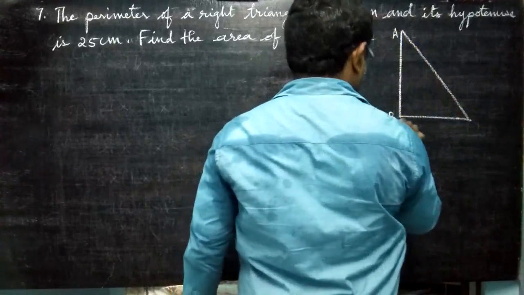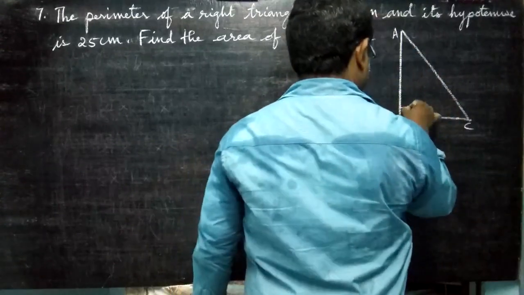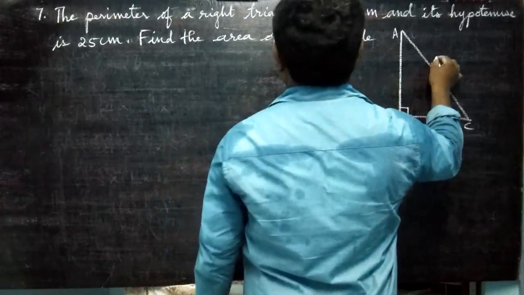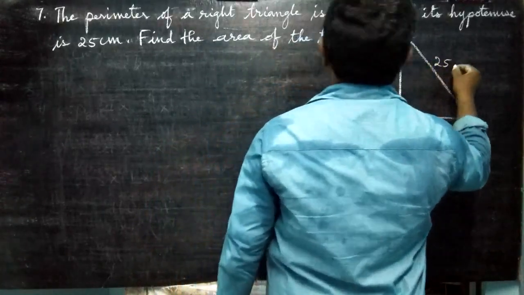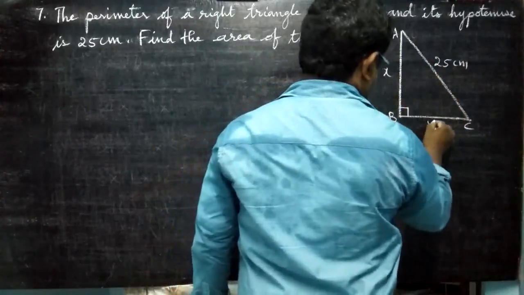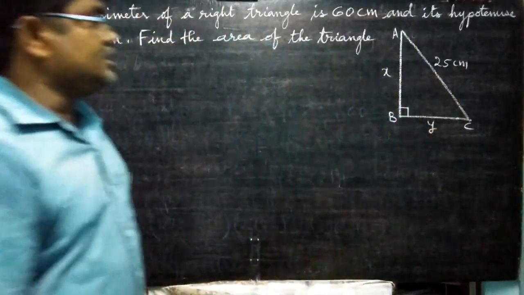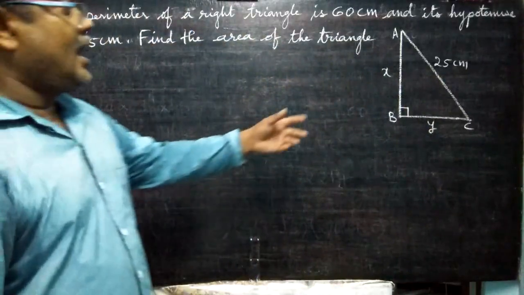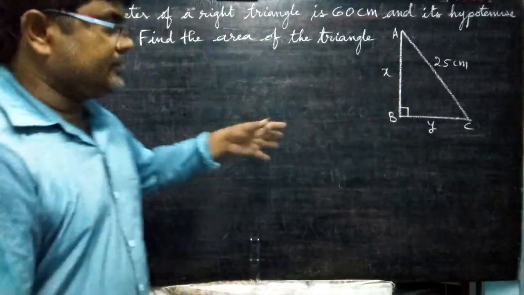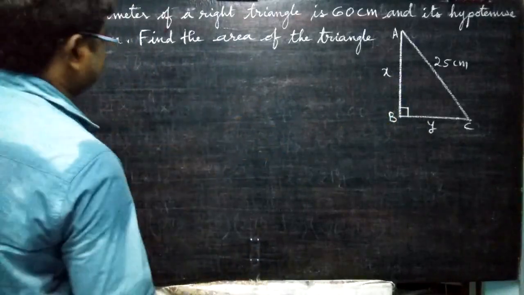A, B, C, right angle at B. Hypotenuse they have given as 25 centimeters, and we don't know the length of AB, length of BC. It is not an isosceles right angle triangle. If it were isosceles, here x means here also x, but they did not use that word. So we are keeping x and y.